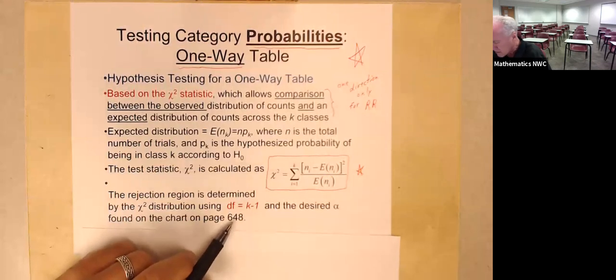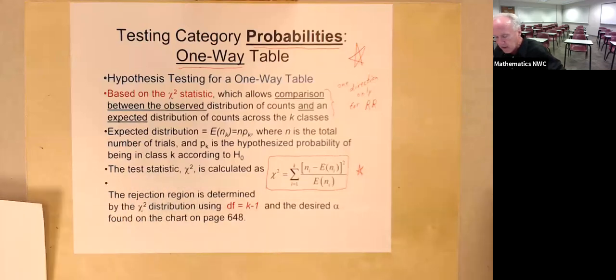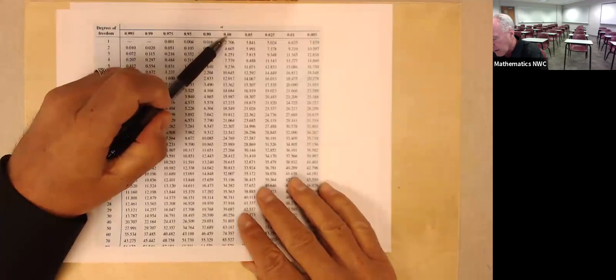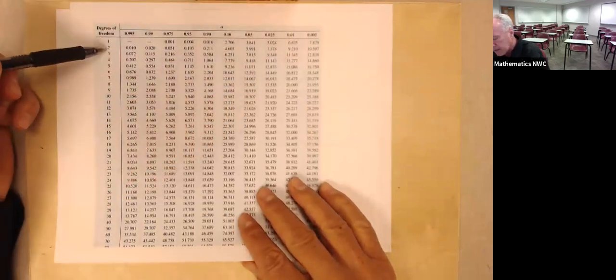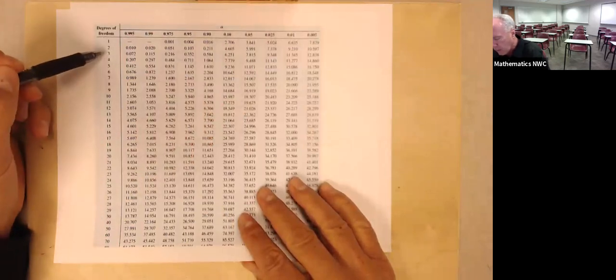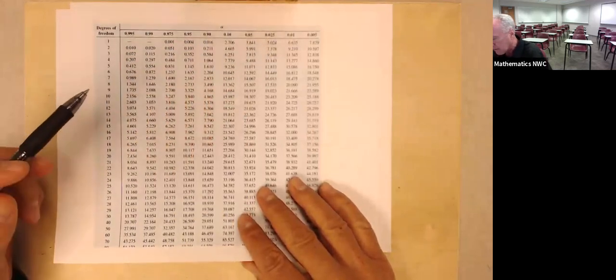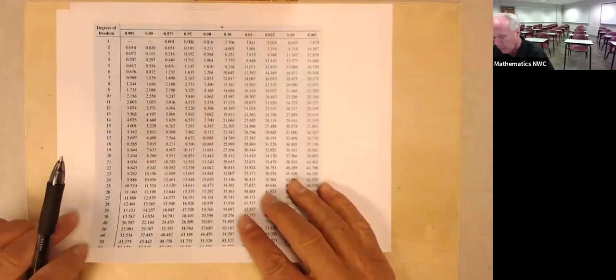So if you go to page 648 in your textbook, you're going to see this kind of chart. Our alpha level, we have only these 5. Our degrees of freedom is just one column. So if I got 4 brands of microwave, I go with 4 minus 1, 3 degrees of freedom for whatever alpha level is given. I'll show that chart again when we go to a specific problem.